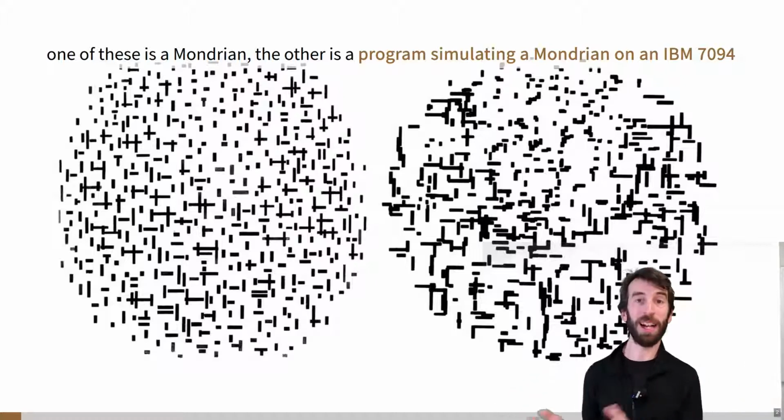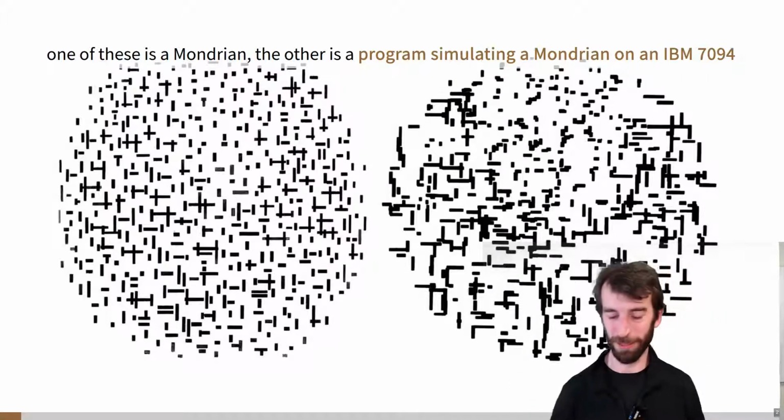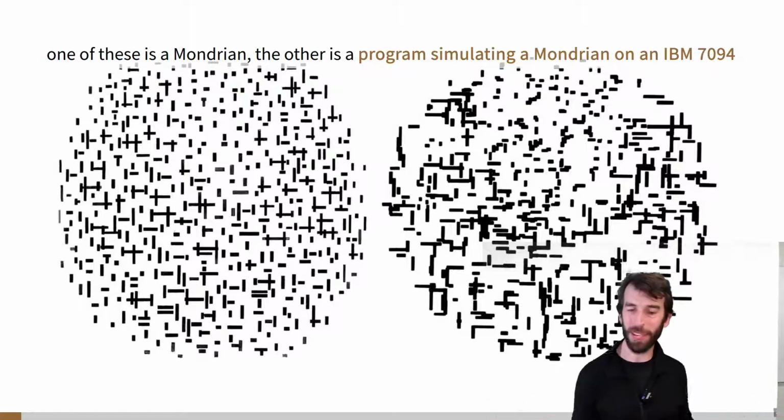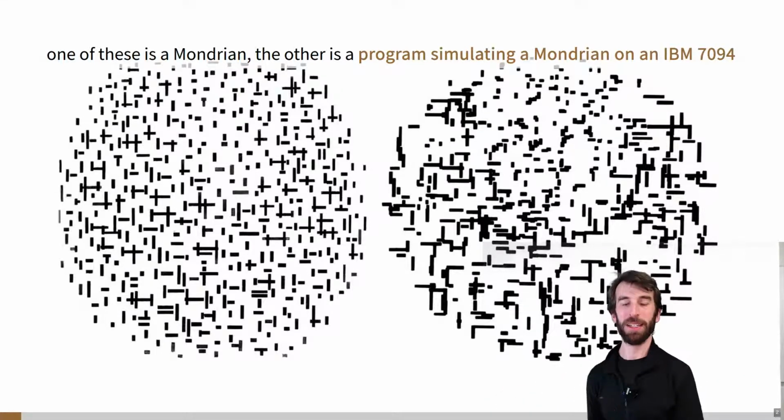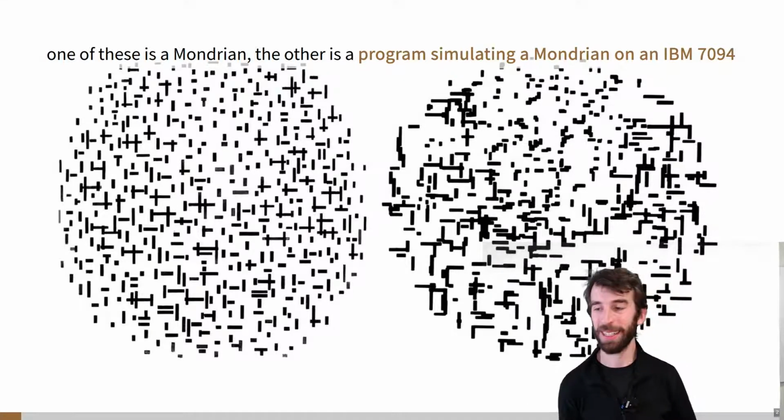Of course, at the time, in the 50s and 60s, Mondrian had probably died in the 40s, I'm not quite sure, so it was not such a long time between his life and the start of the computing era. One of these is an actual Mondrian artwork, and the other is a program created to produce artwork that looks like a Mondrian.